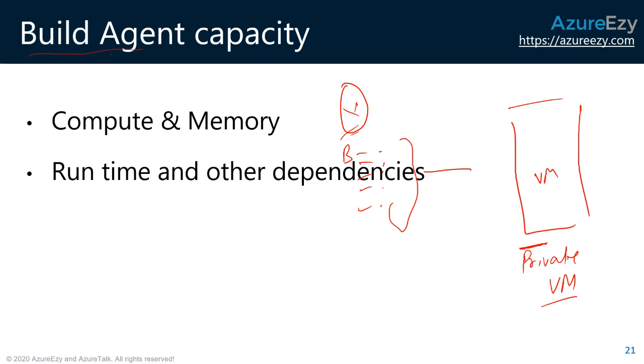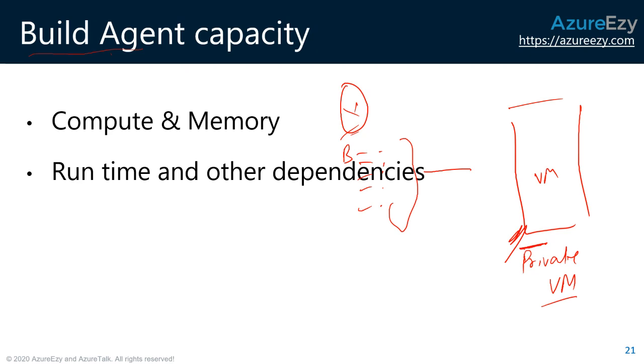The second thing you will be looking at is runtime and other dependencies. Since you are managing this VM, you are running your build on it. Suppose you are running a build which requires a particular PowerShell module on the build agent. As part of your build, you are running a PowerShell command to do certain things during your build definition.